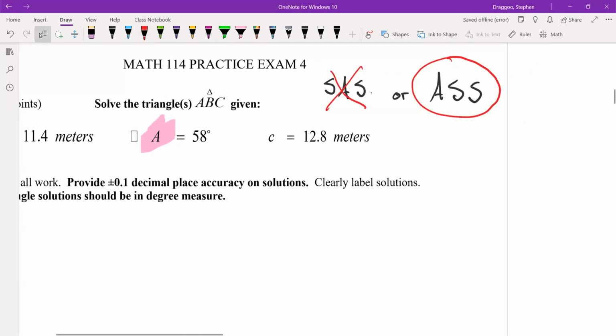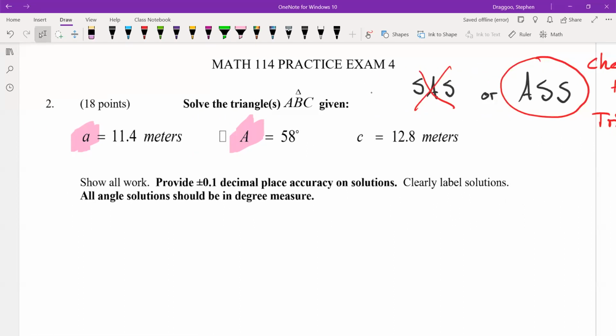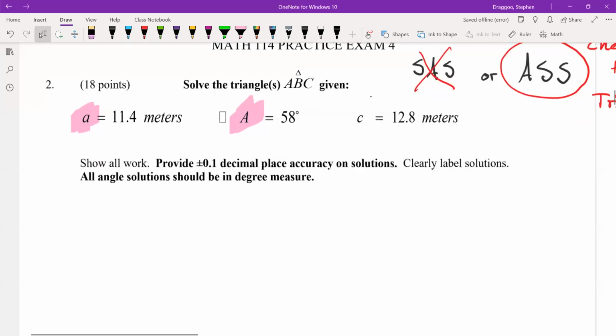When we've got this style, we're going to need to check for two triangles. And again, we'll know we have to do that because a letter gets repeated in the given information. With a repeated letter, we need to start with the law of sines.